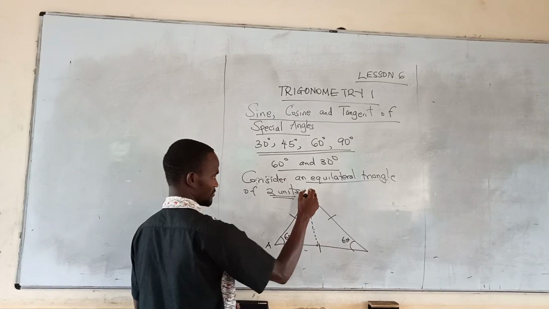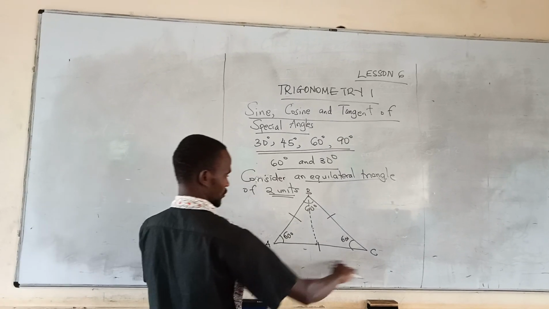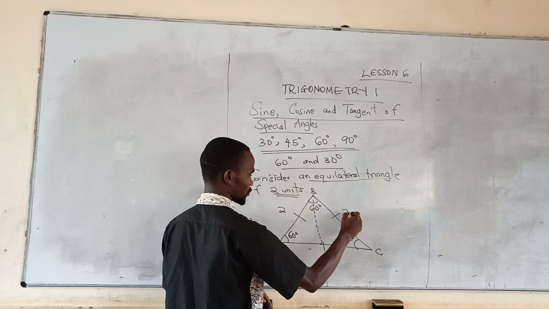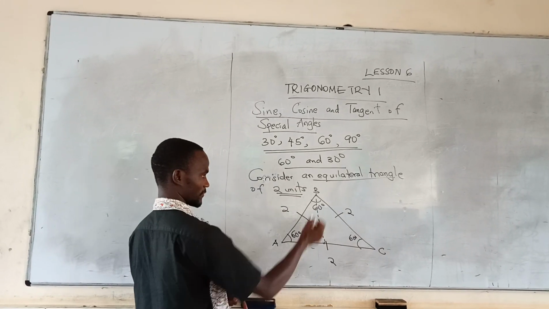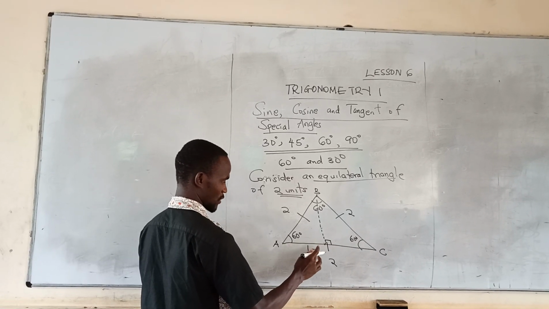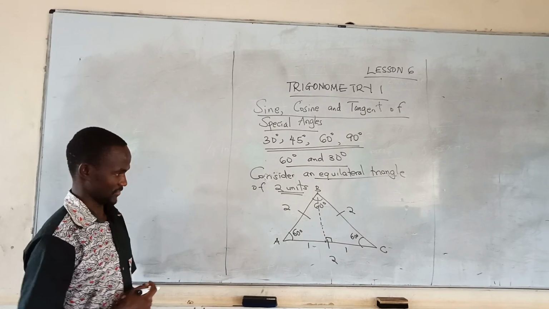Let's say we have triangle ABC. The perpendicular bisector will bisect line AC into 2 equal parts. Remember, we said we are using 2 units. So if we have this perpendicular bisector, we have 90 degrees here, 1 unit there, and 1 unit there.